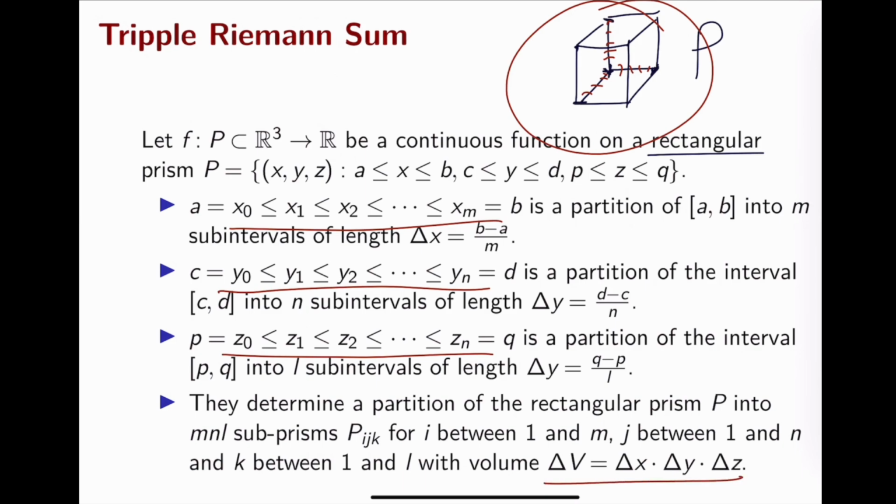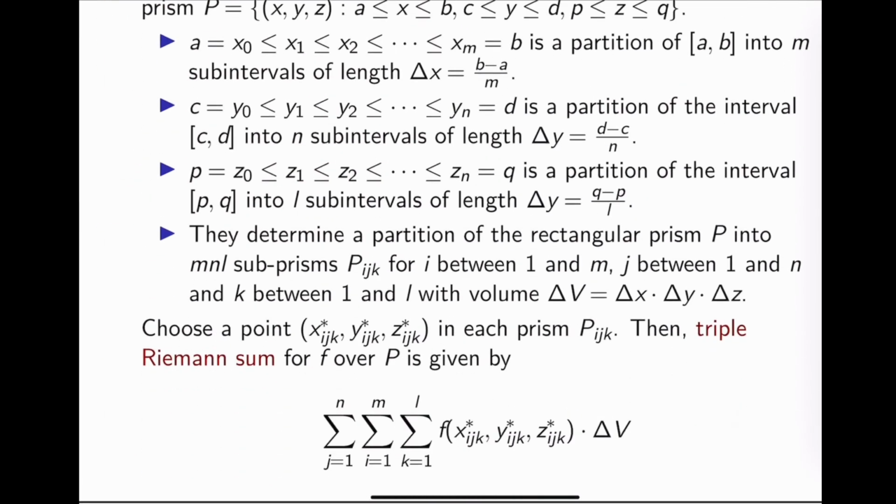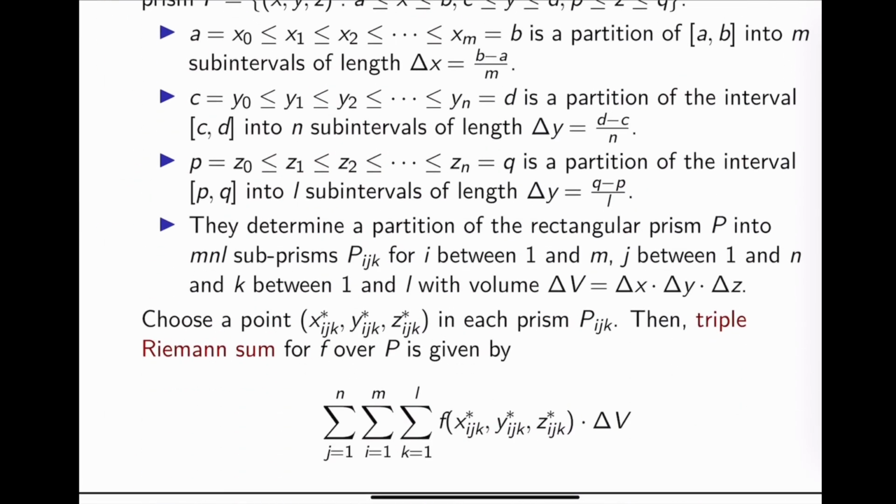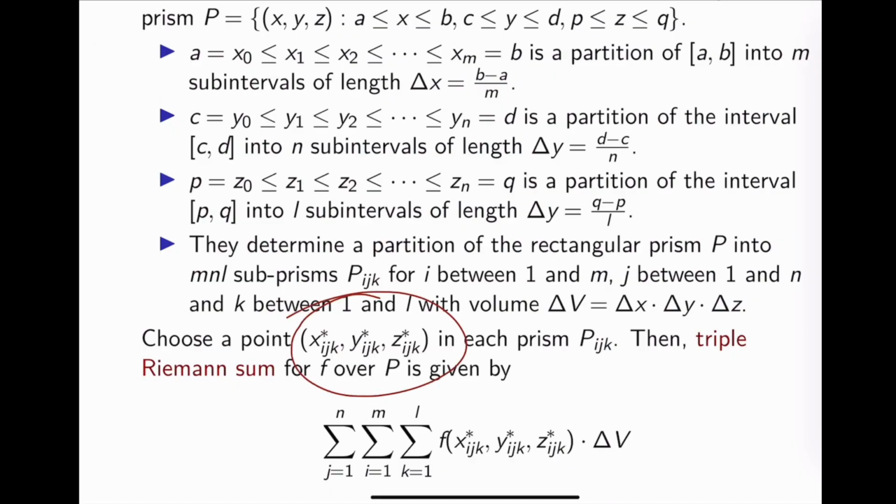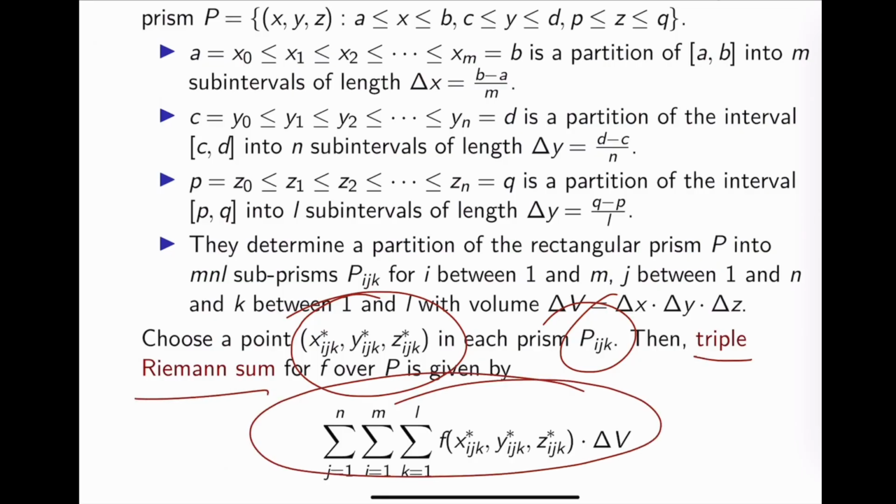The differential of the volume is going to be just the multiplication of these 3. And so, as before, we can choose a point in each of the small prisms, and we can define the triple Riemann sum as the addition of the function evaluated at those points, where the variables travel through the whole partition.